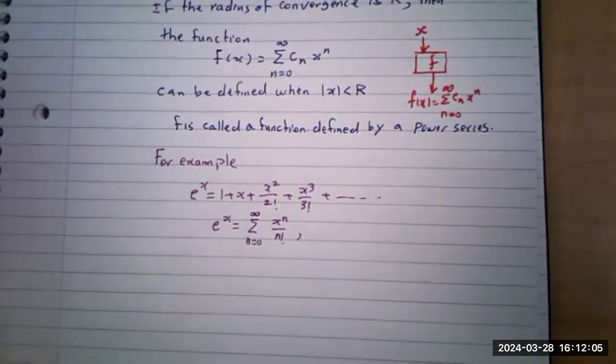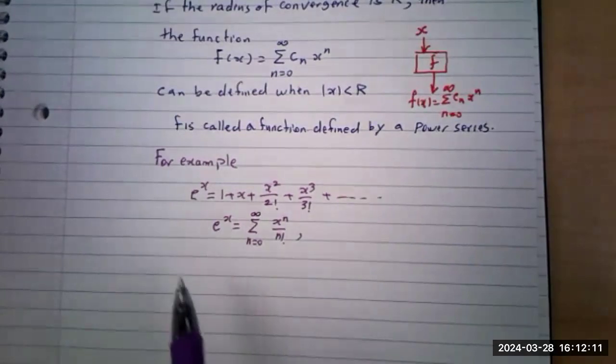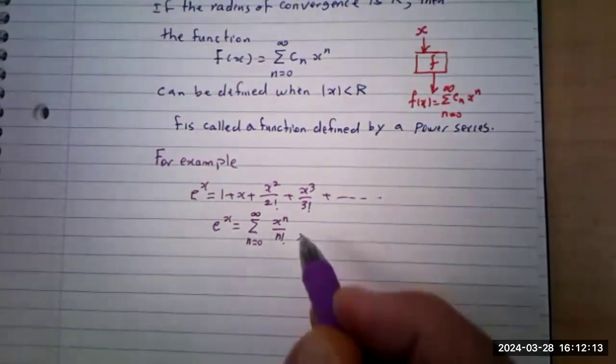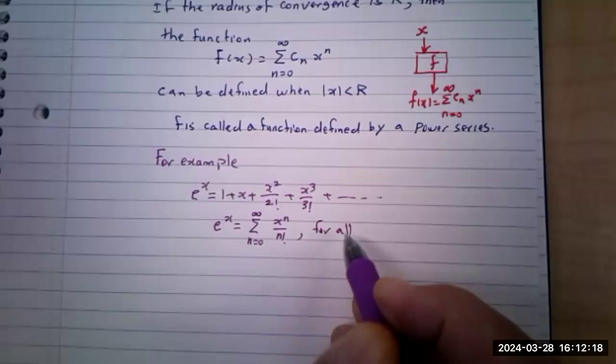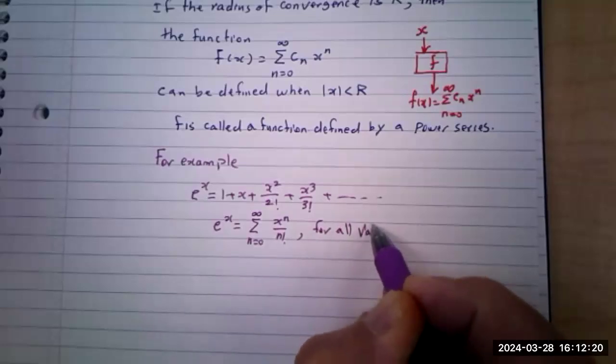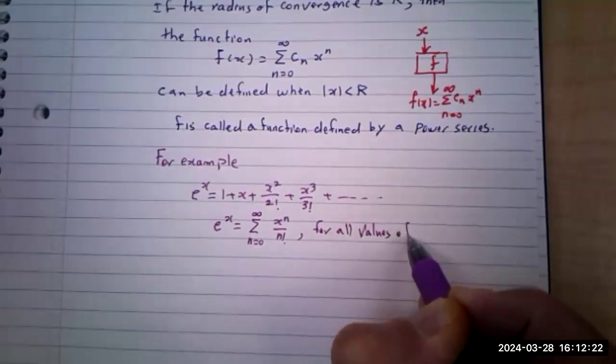The domain of convergence of this series is all real numbers. That's why we like this one, because the domain of e to the x is all real numbers. So this is true for all real values of x.